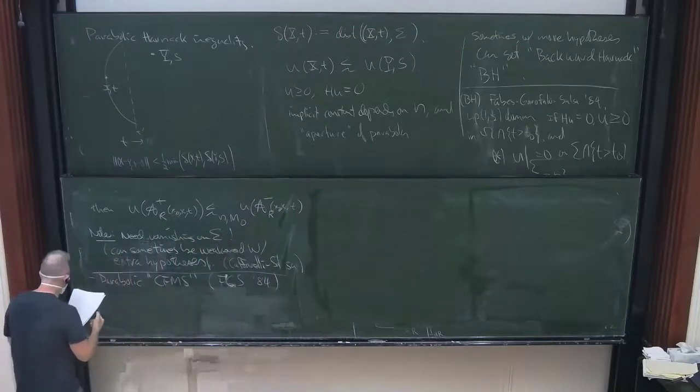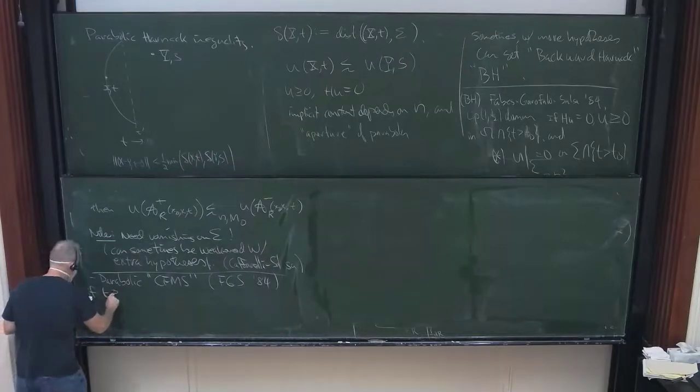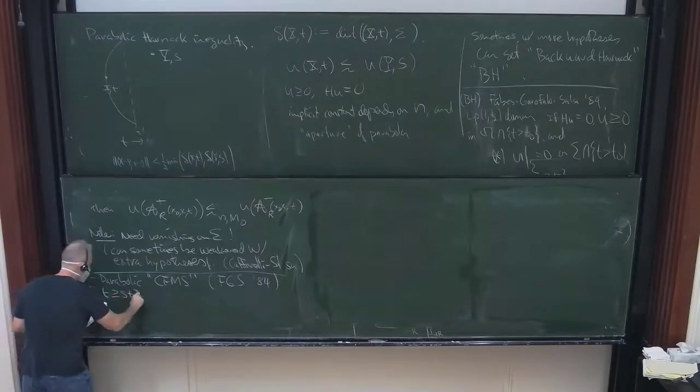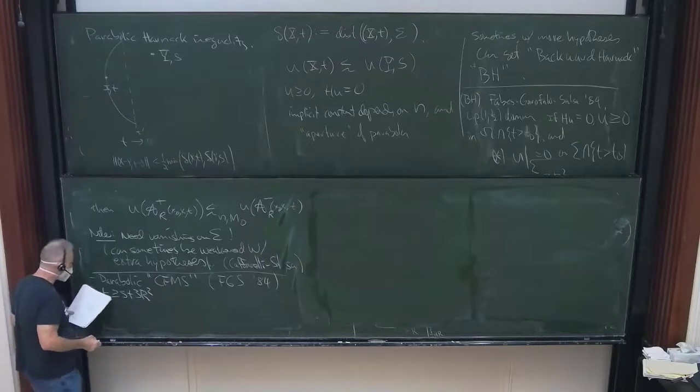And what it says is the following, that if T is bigger than or equal to S plus 3R squared, so again, we just need to move forward a bit.